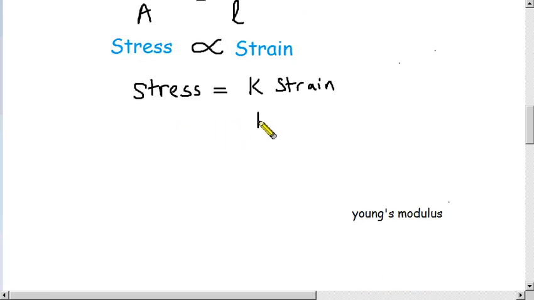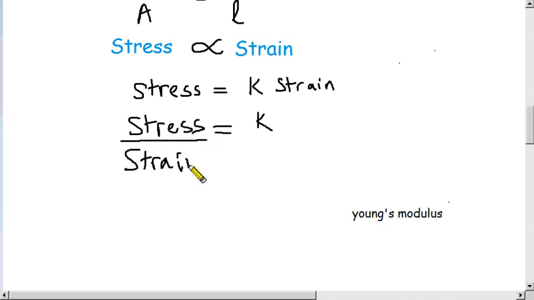So K equals what? Stress divided by strain. So this one is a constant.